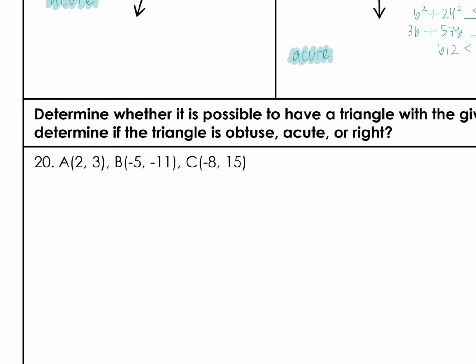When I'm coming up with my numbers, I'm using a calculator to get them for us to actually determine our final answer. Okay, so let's first figure out what lengths we're going to use for our 3 sides. So we've got our AC.